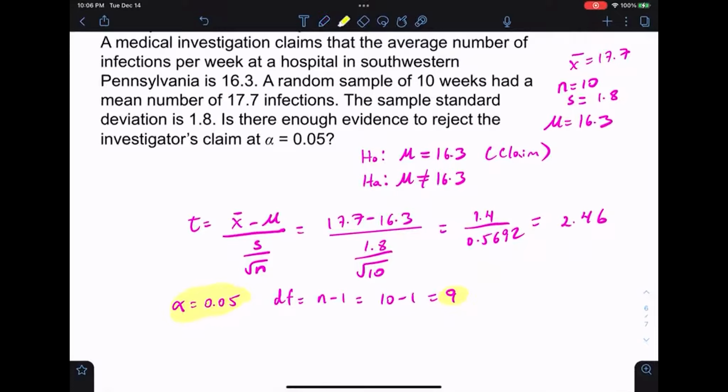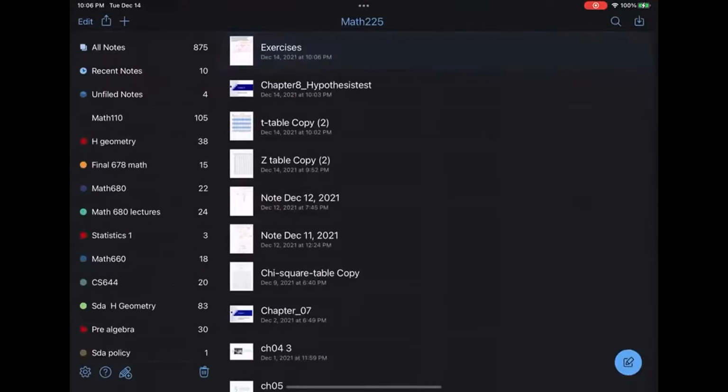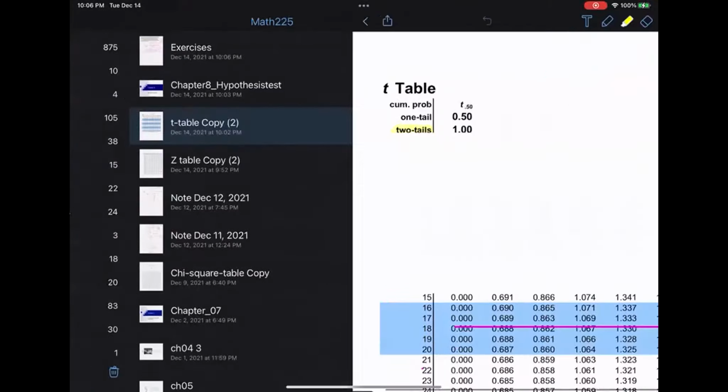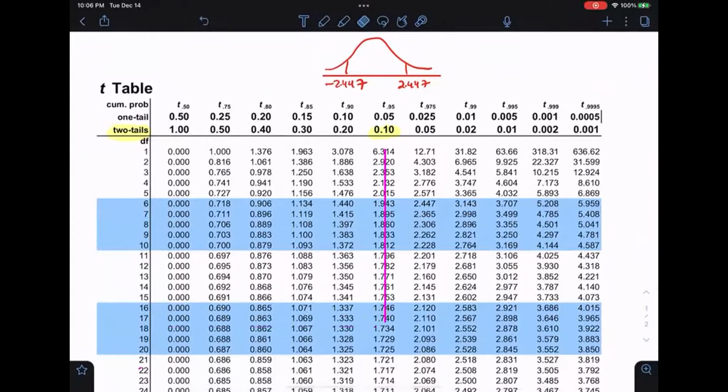So I need to look at the table, 9 and 0.05, and this is a two-tailed test.